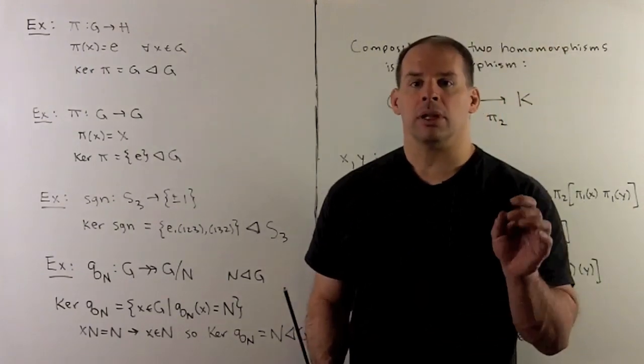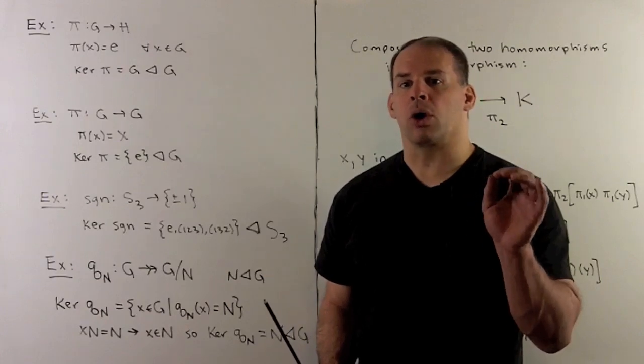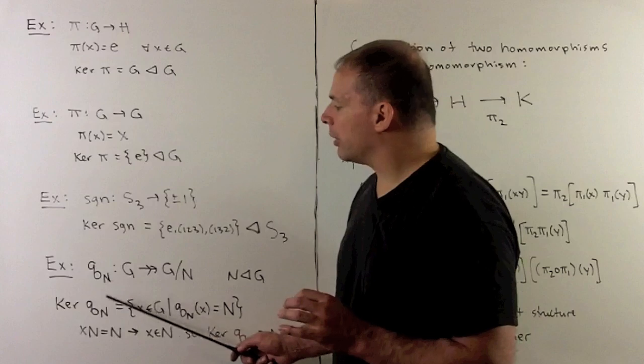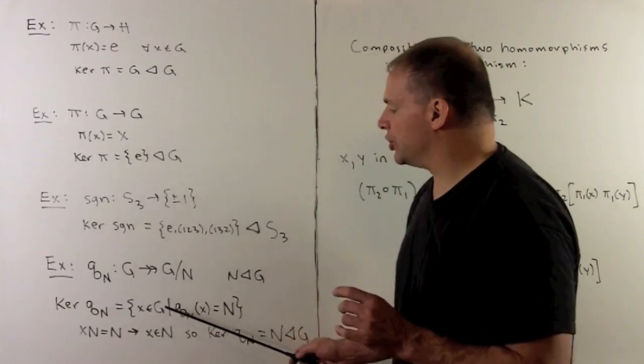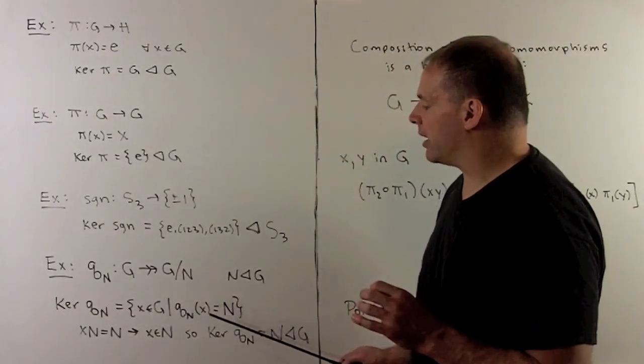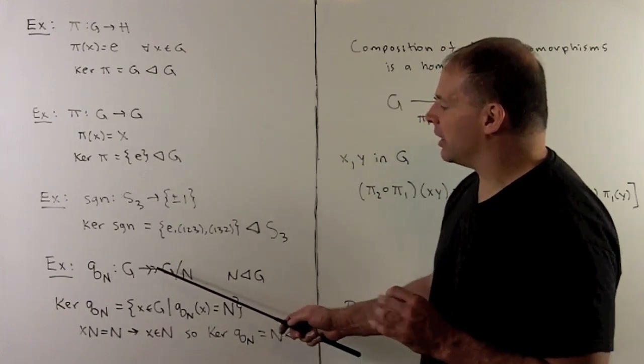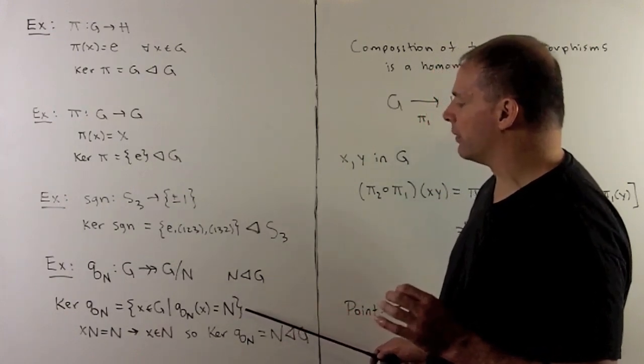Now, let's see what the kernel is for our quotient homomorphisms. So here, I want to consider all x in G such that q_N of x is equal to the identity. In this case, the identity in the quotient group is just N itself.